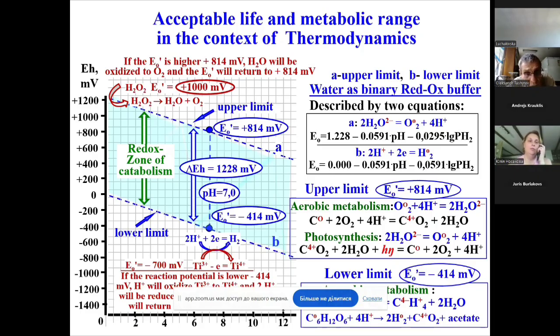The upper limit of water stability is plus 814 millivolts, and the lower limit is minus 415 millivolts, and it is obvious that all the biodiversity of microbial metabolism is only possible in the water stability zone, from plus 814 millivolts down to minus 415 millivolts.